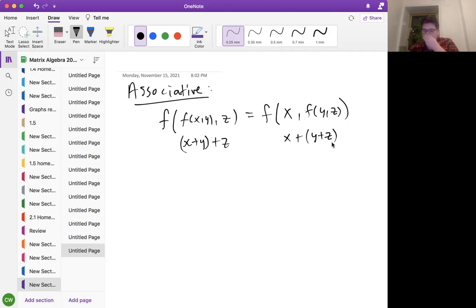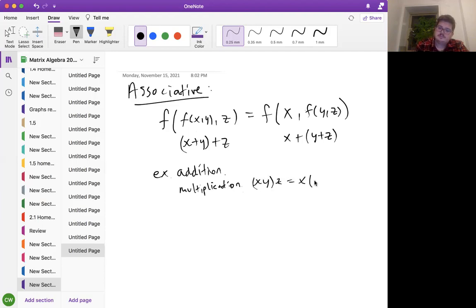Okay. Give me some examples of associative. So addition, multiplication, how about matrix multiplication? Yes, matrix multiplication.